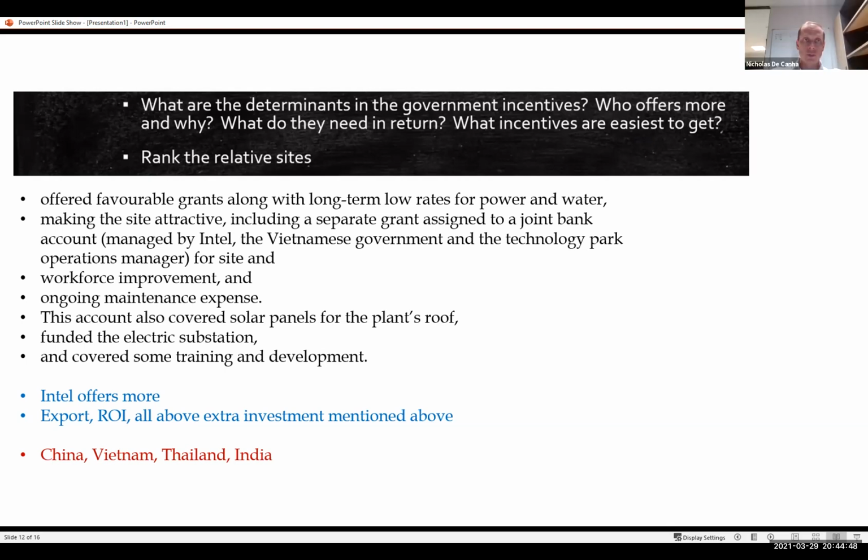But I open this to all the groups. The grants offered by Thailand are specifically noted as being less than Vietnam, right? Why?